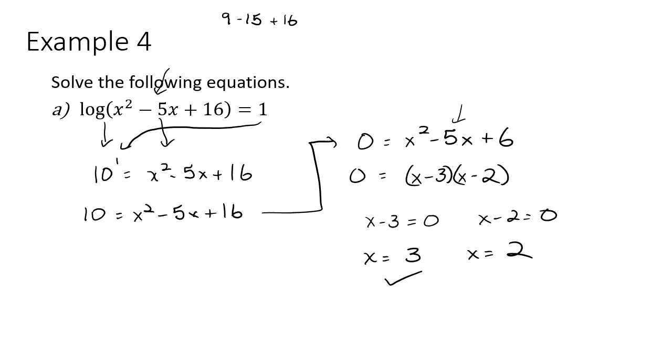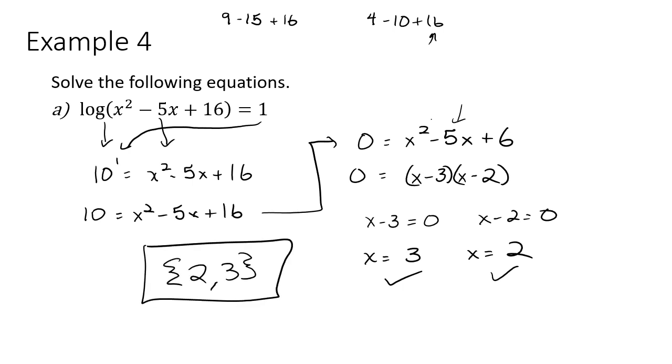And if we plug in 2, we would have 2 squared or 4 minus 5 times 2, or 10, plus 16, which is also fine. This plus 16 just overpowers that negative middle term no matter what, at least for our two solutions. So we're good. We get to keep both. So we have solutions of positive 2 and positive 3.